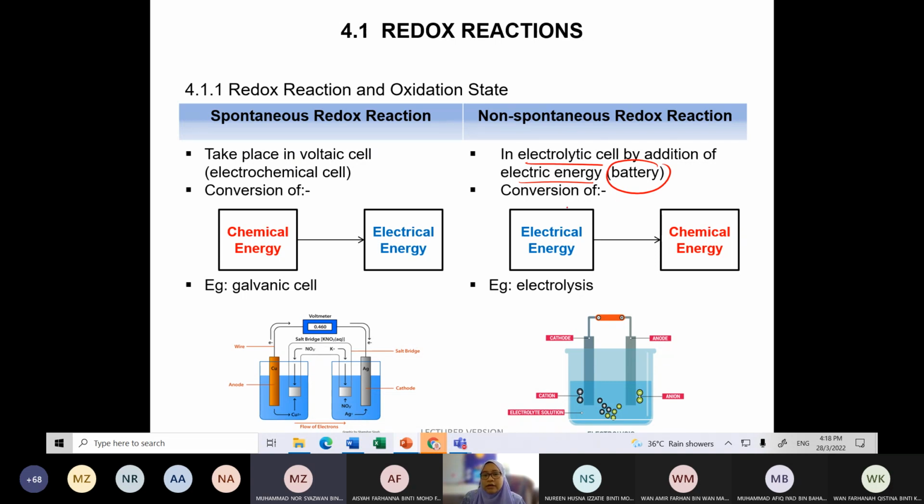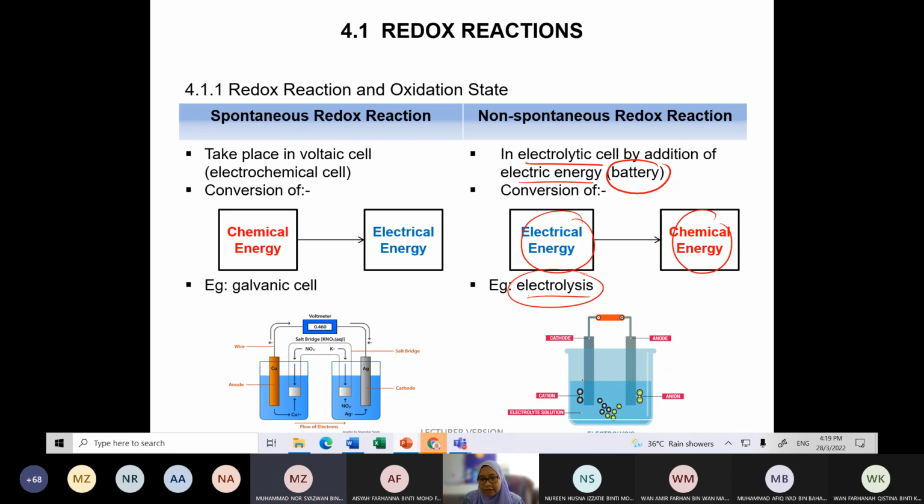So the conversion of energy will be from electrical energy to chemical energy. So this is opposite to spontaneous. The cell that performs this non-spontaneous redox reaction is known as electrolytic cell ataupun electrolysis process.